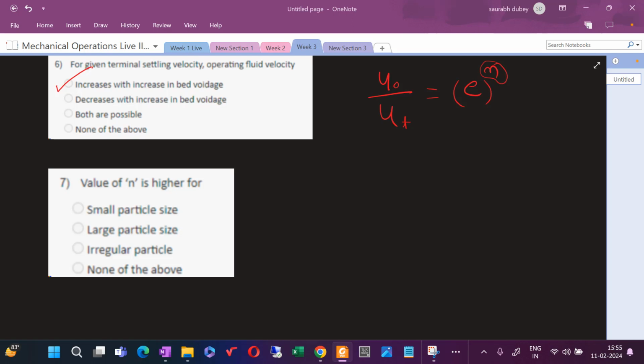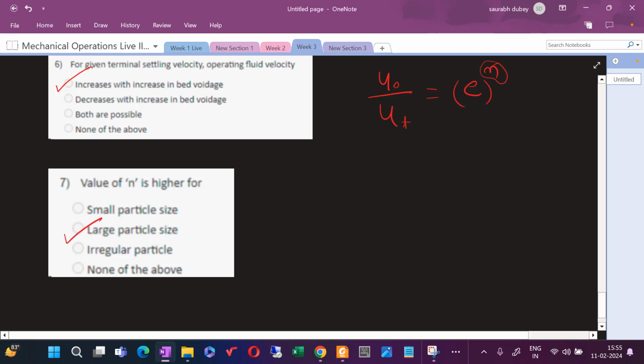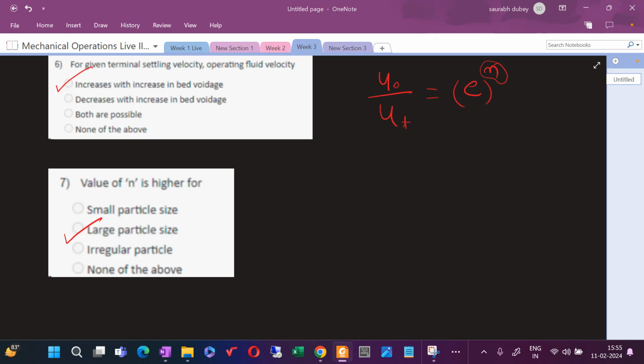Think about this. If you remember, this was discussed in the lecture. This n will be higher for large particle size. So large particle size is the correct answer for the given problem.